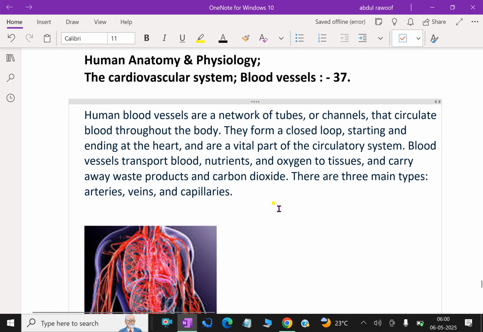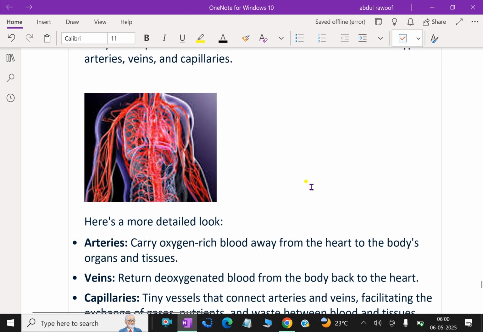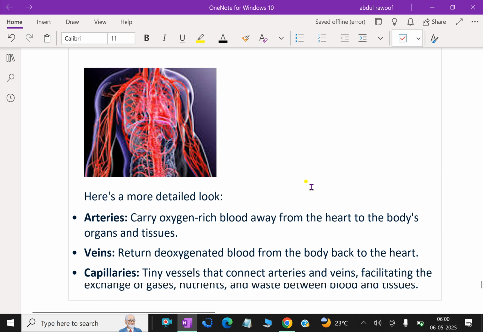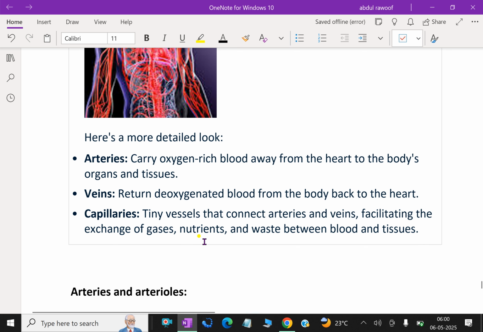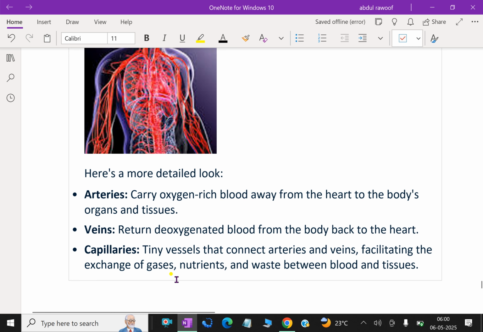There are three main types: arteries, veins, and capillaries. Arteries carry oxygen-rich blood away from the heart to the body's organs and tissues. Veins return deoxygenated blood from the body back to the heart. Capillaries are tiny vessels that connect arteries and veins, facilitating the exchange of gases, nutrients, and waste between blood and tissues.